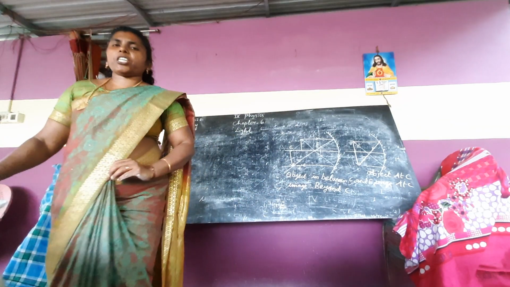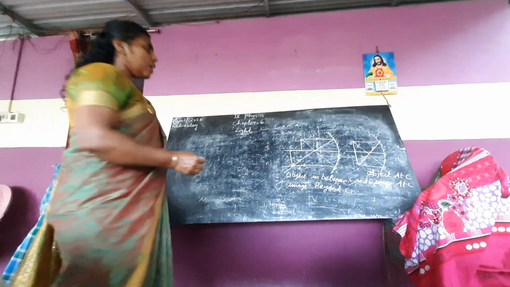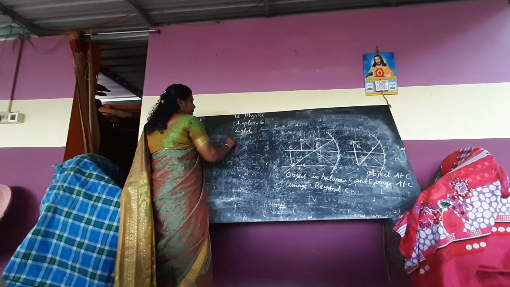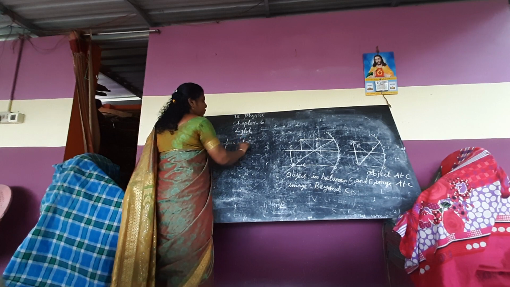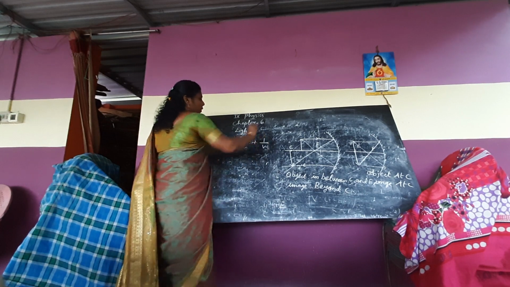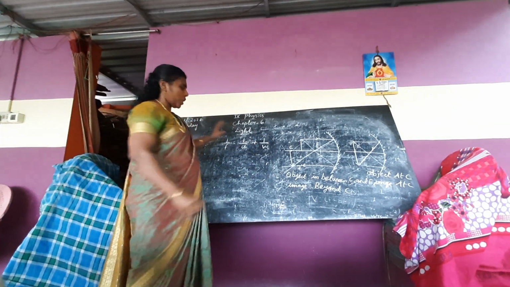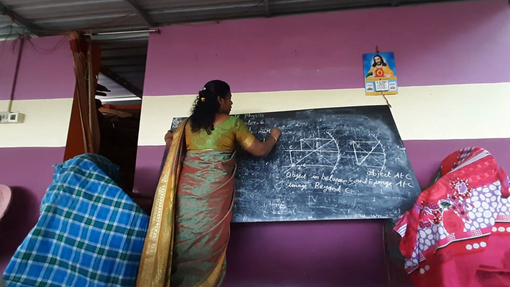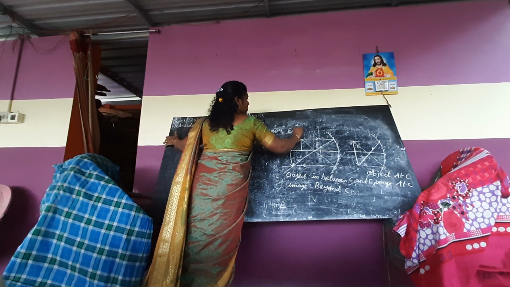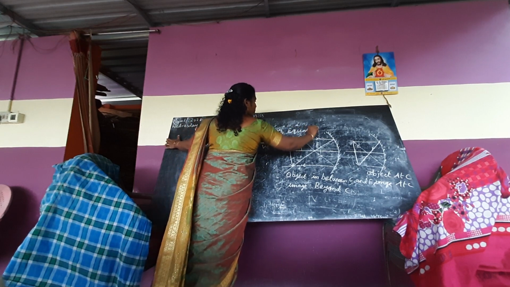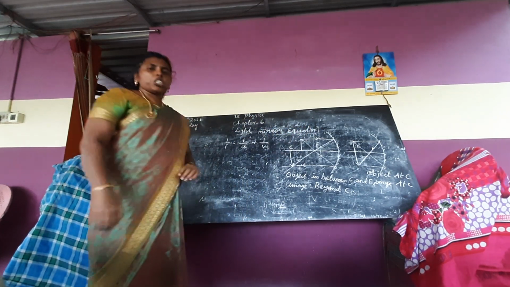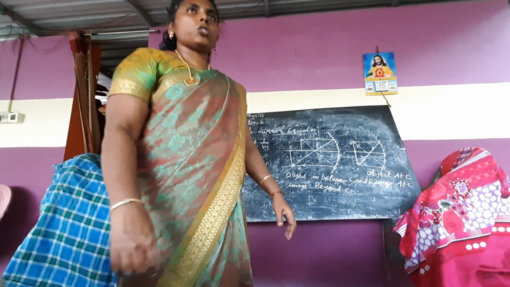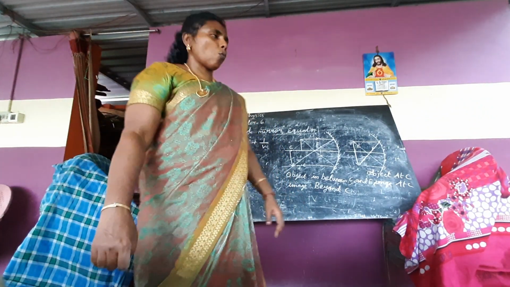Now the mirror equation. We can learn the mirror equation. The formula is 1 by f equal to 1 by u plus 1 by v. What is this? The mirror equation.